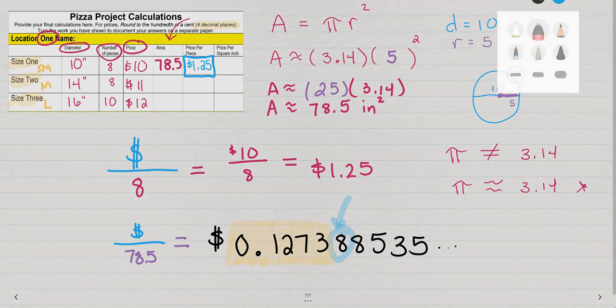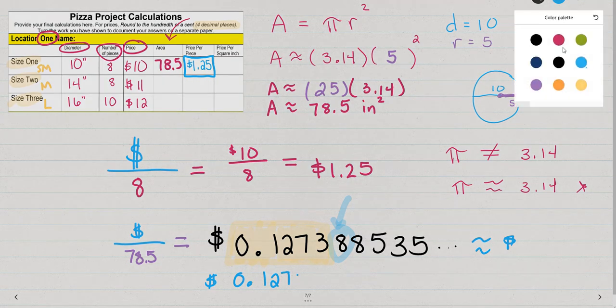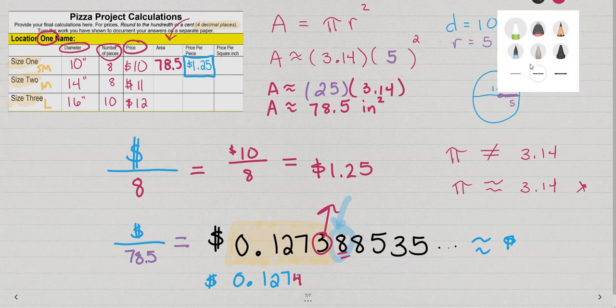So when I round this, let me write it below it, I'm going to get 0.1274, because this 3 goes up because the 8 is bigger than 4. When it's 5 or greater, you round up. So we'd have 0.1274. Be careful, if you want to convert that to cents, you can do so.